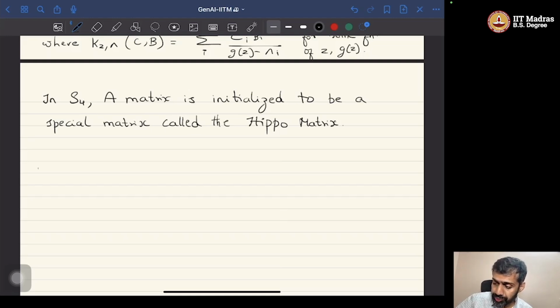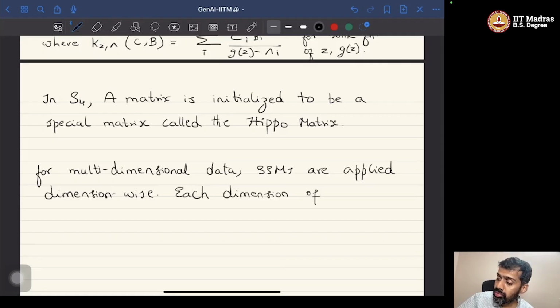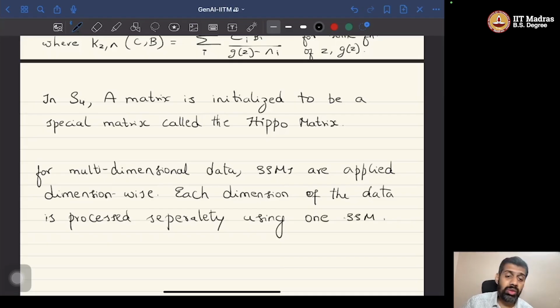Now, for multidimensional data, which is the case in practice, SSMs are applied dimension-wise, which means each dimension of data is processed separately using one SSM, so one state space model, which is unidimensional.